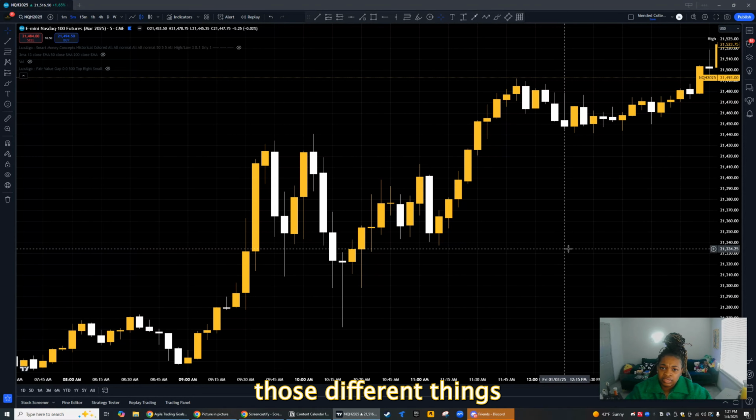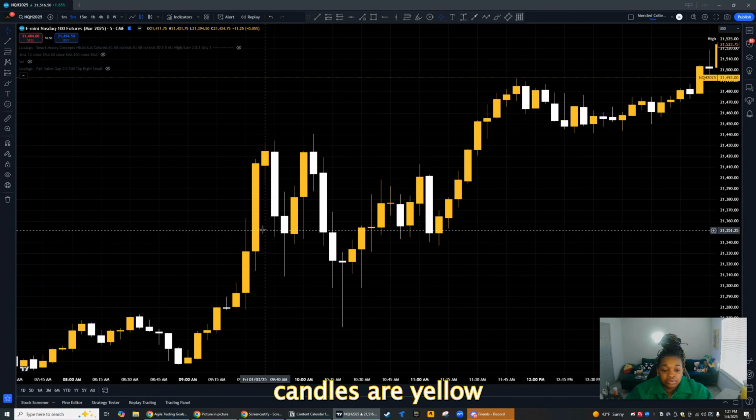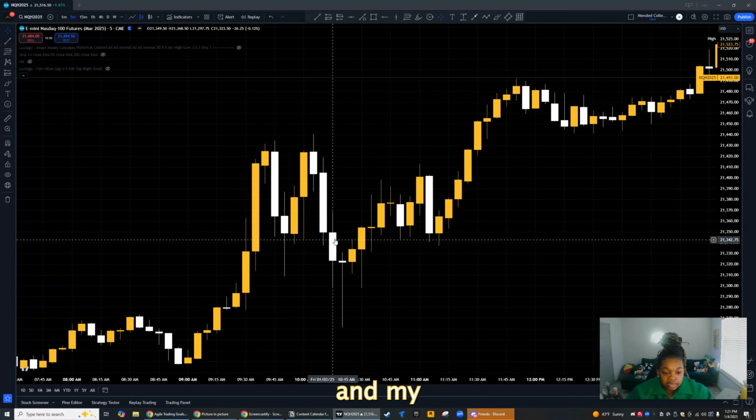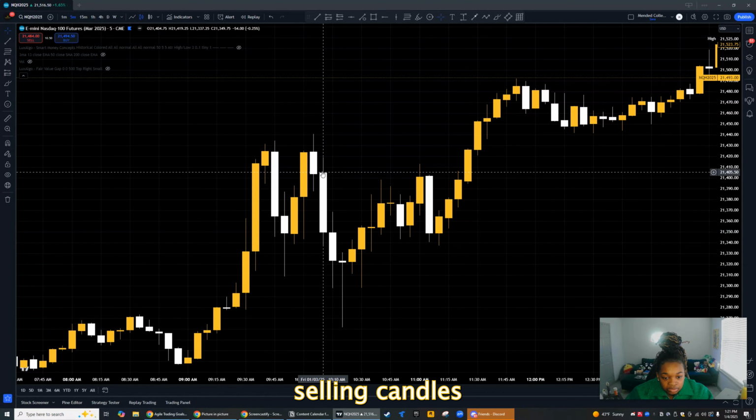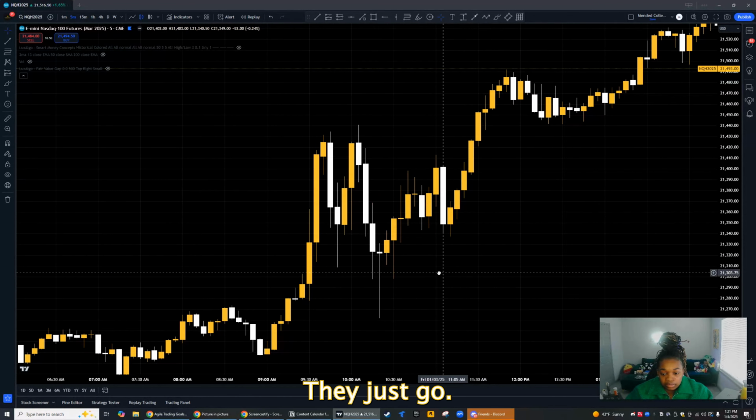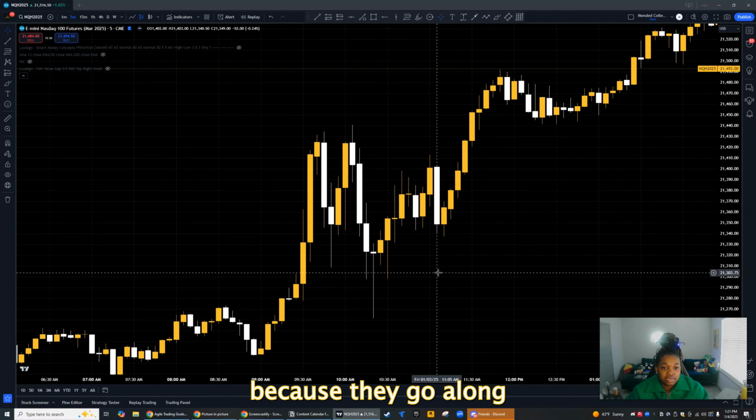Just all those different things can be synonymous to each other. What I like to do to rewire my brain is make my candlesticks a whole different color. It just helps me. So for me, my buying candles are yellow and my selling candles are white. I chose those colors because they go along with my business colors, and I just want to keep it consistent that way.